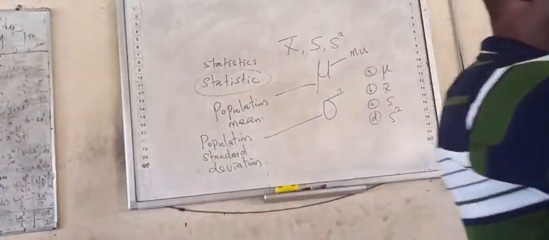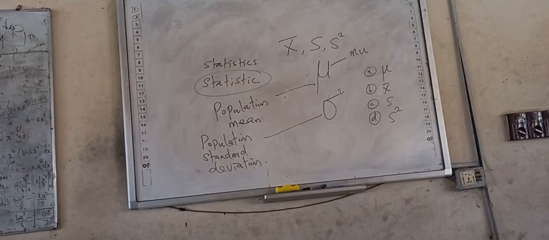I want you to underline countable infinite number so that I can explain.